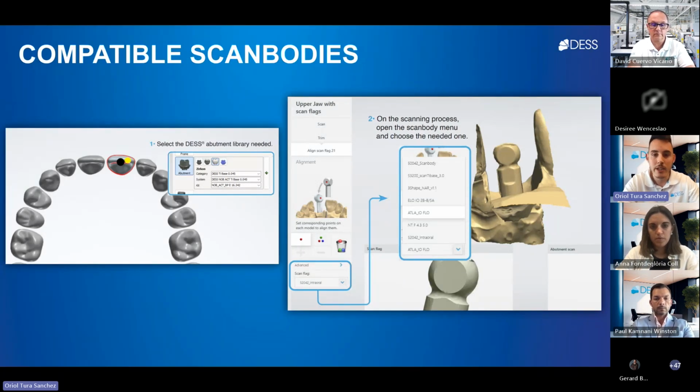Then, in the scanning process, you have a menu called Scan Flat at the bottom corner, where you can choose between the different scan bodies that DESS offers you to design with different systems.